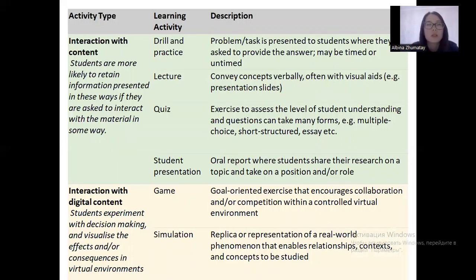It means students are more likely to retain information presented in this way if they are asked to interact with the material in some way. For this activity, the learning activity can be drill, practice, lecture, quiz, and student presentation.